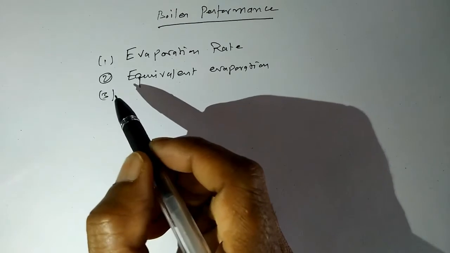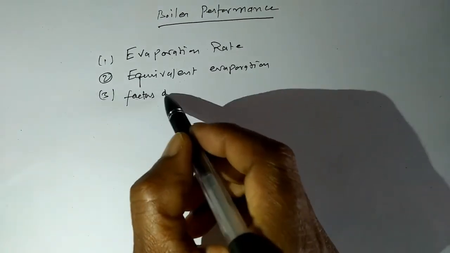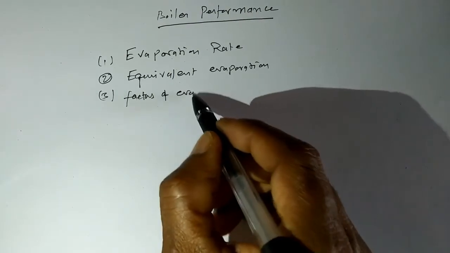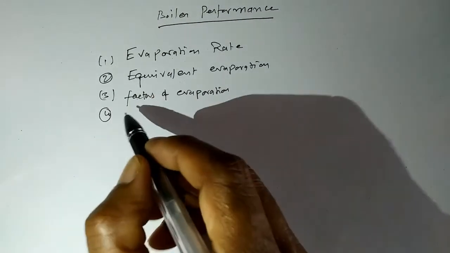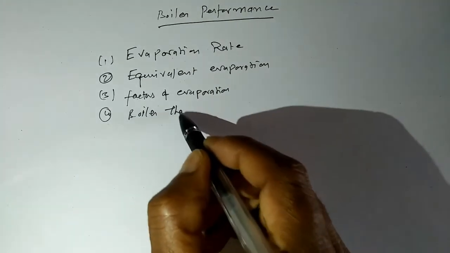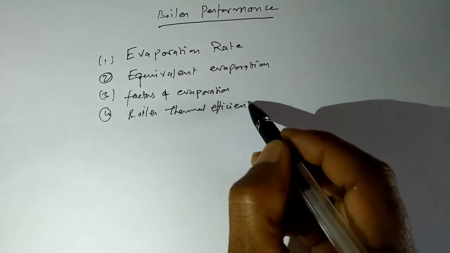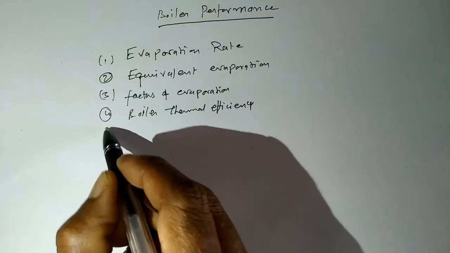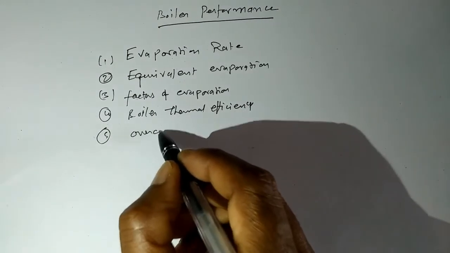Third is factors of evaporation. Fourth one is boiler thermal efficiency. And fifth is overall efficiency.